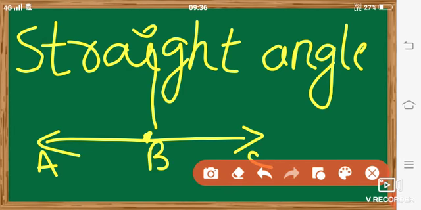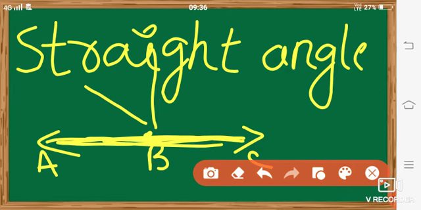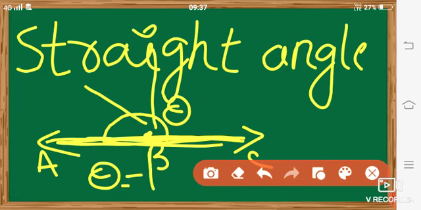This is the right angle, this is the obtuse angle, and after this if the line segment moves towards the left, then we have a straight line. Between these two lines we have the theta value. This is called a straight angle, and this theta value is equal to 180 degrees. When the angle is 180 degrees, that is called a straight angle.